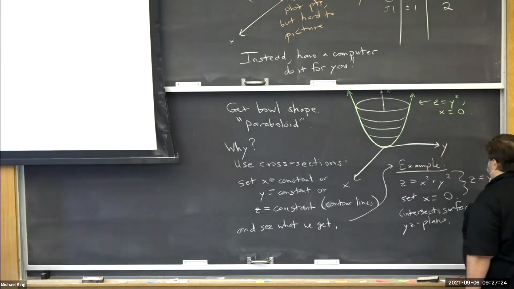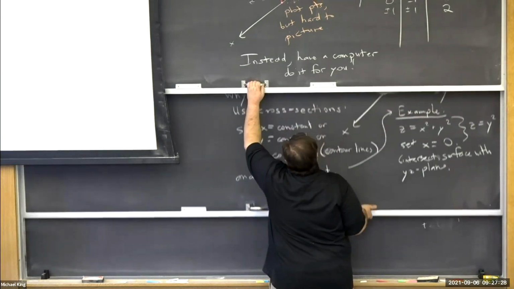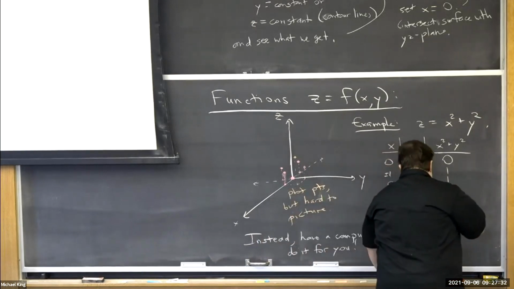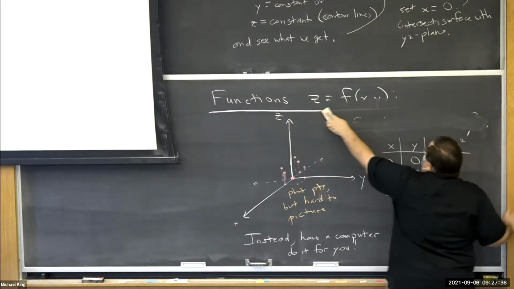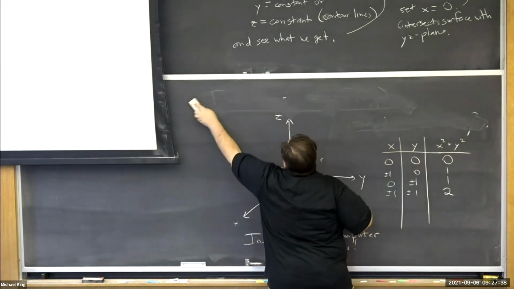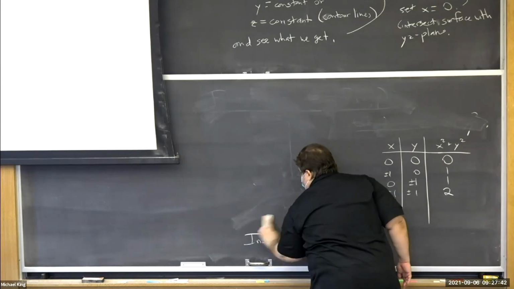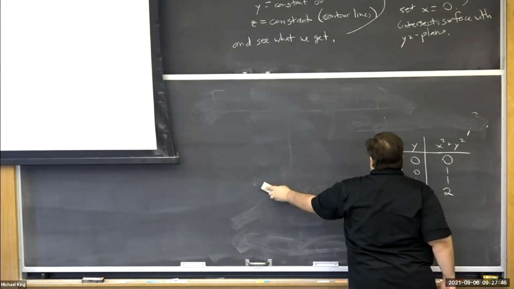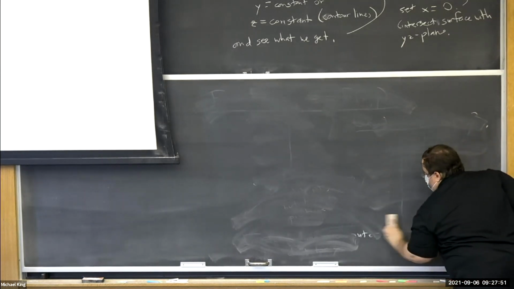I guess anybody watching this later can rewind the video if they need to see that up there. But we could start doing this for a bunch of different values of x or a bunch of different values of y and see what we get.